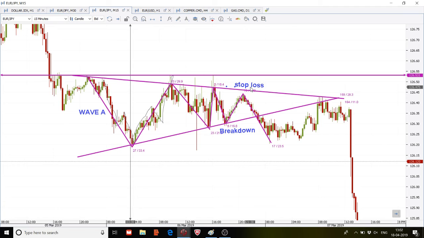Either below this level, or technically it has been suggested that the stop loss should be above this range.